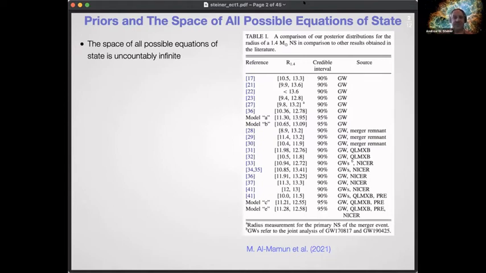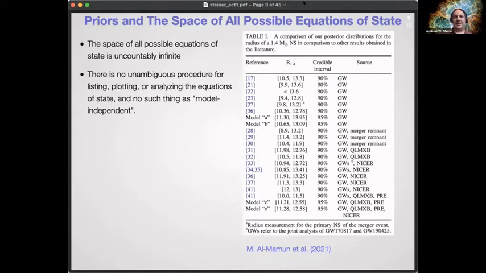That means there's no unambiguous procedure of listing or plotting or analyzing equations of state, and essentially there's no such thing as a model dependent or model independent analysis. The space is just too big.